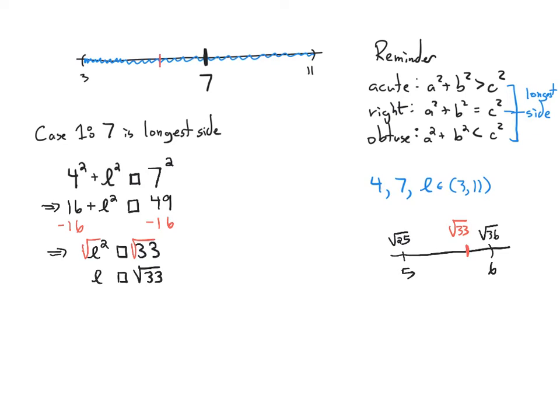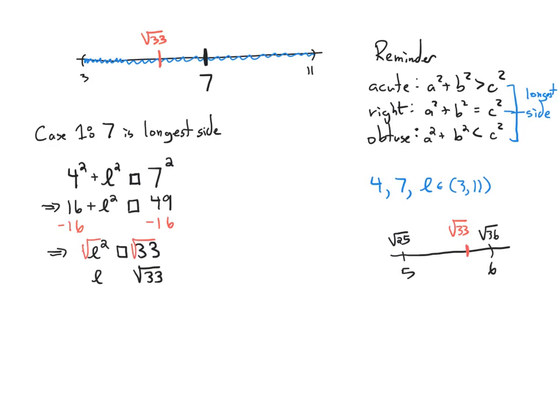So here is square root 33. And if this box, instead of having a box here, had an equals all the way down, that would be the Pythagorean theorem.